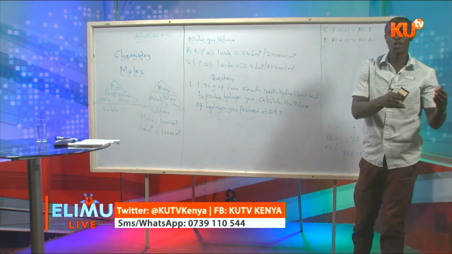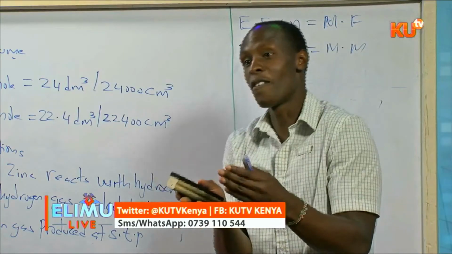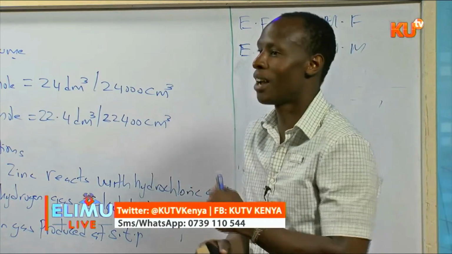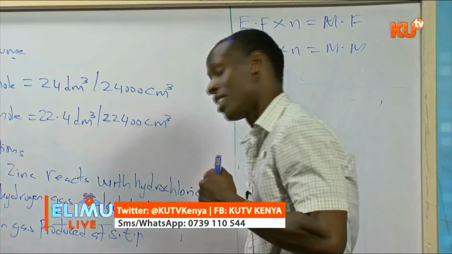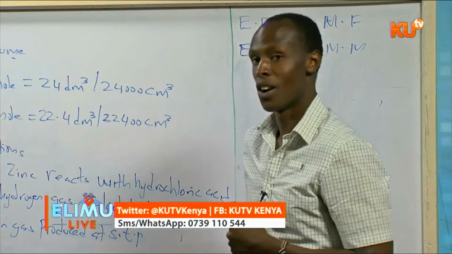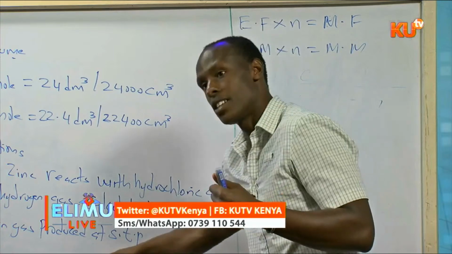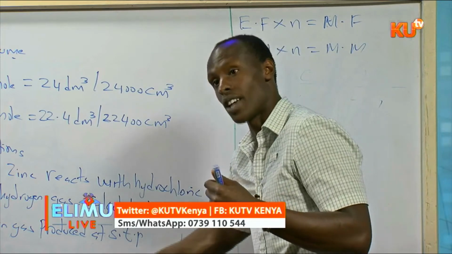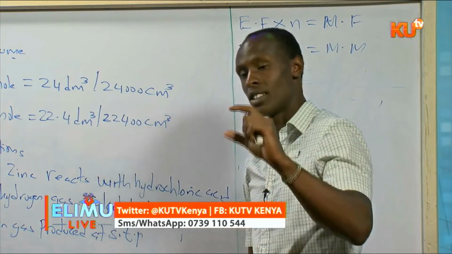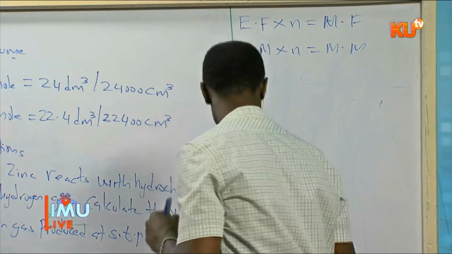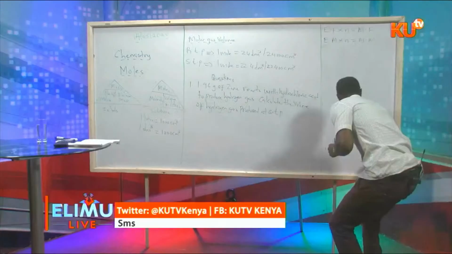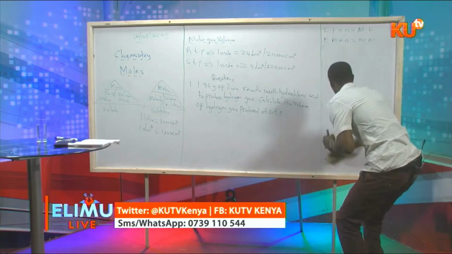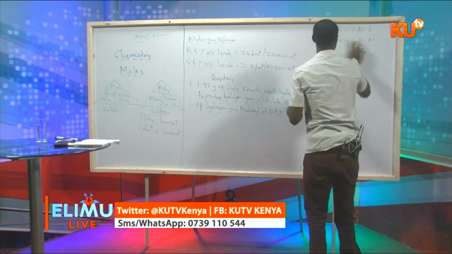So the question wants you to handle, if you use 1.96 grams of zinc, what volume will you get of hydrogen gas, if the conditions are at STP, that means at 0 degrees temperature. So that's what I want you to observe, how you calculate such a question.